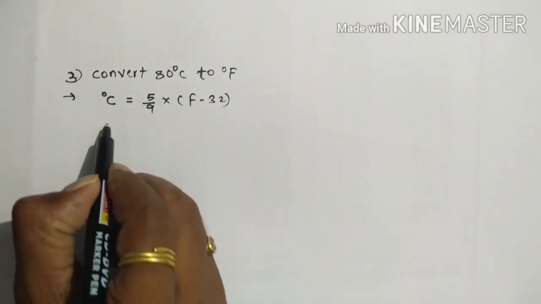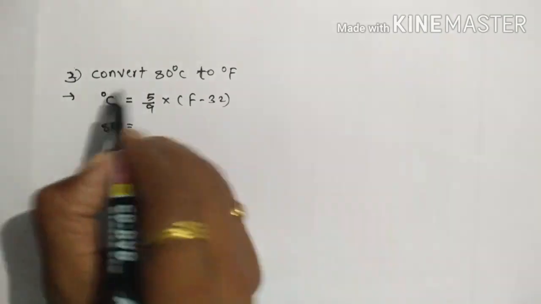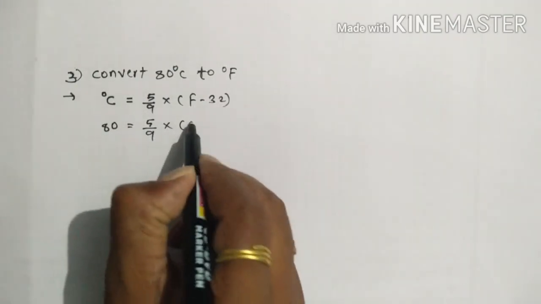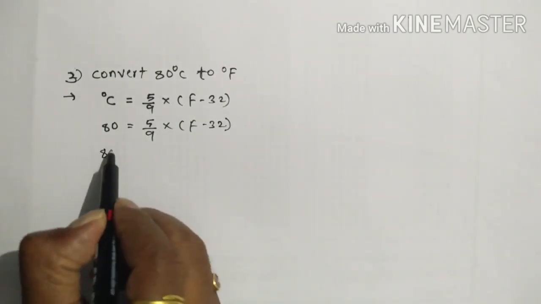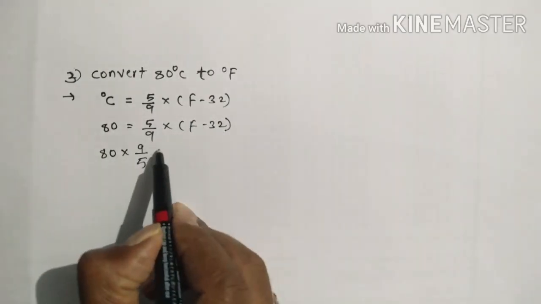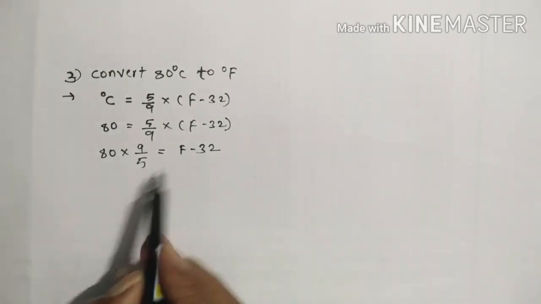So what is given here? 80 degrees is given here. We will use the symbol of degree at last. 5 by 9 multiplied by F minus 32. 80 multiplied by 9 by 5, it will become reciprocal, is equal to F minus 32.